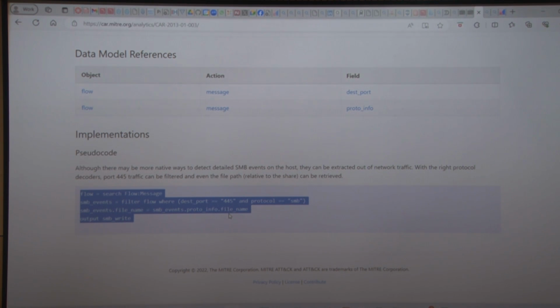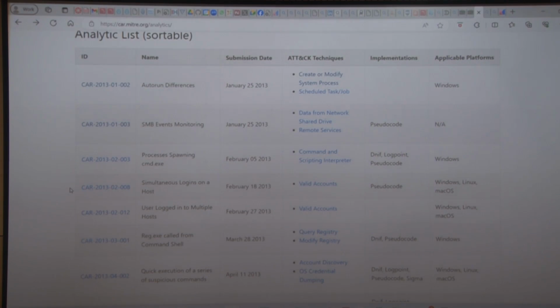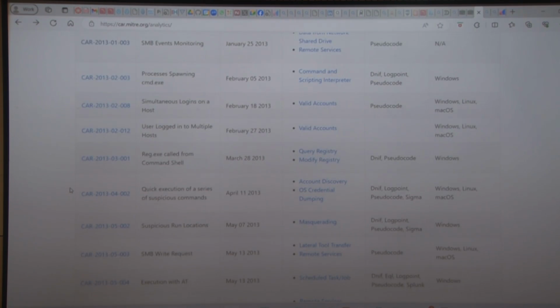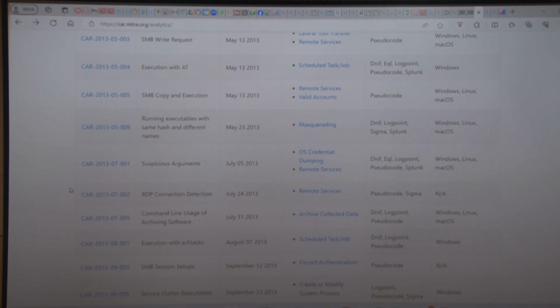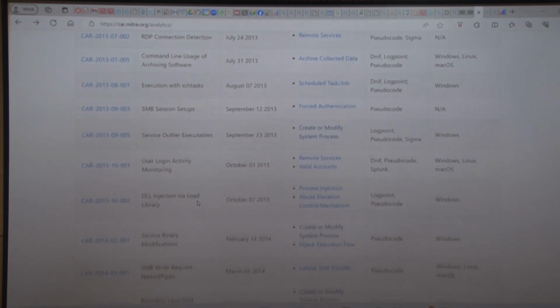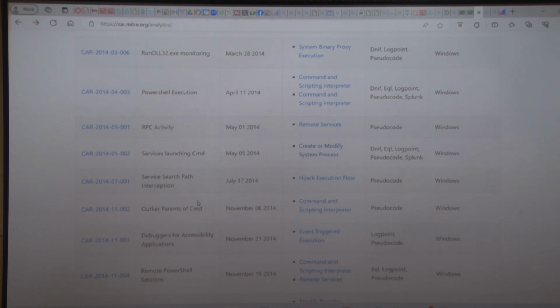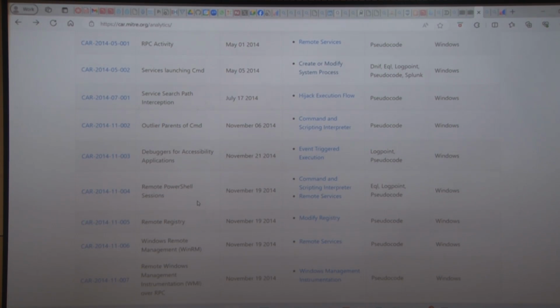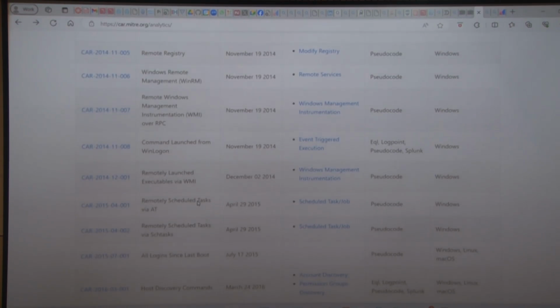So you can use it in your system, in your network intrusion detection system. What I'm trying to show you is that this is an excellent resource for getting various scripts and tools that exist right now for detection of various tactics that the MITRE ATT&CK framework has already given.